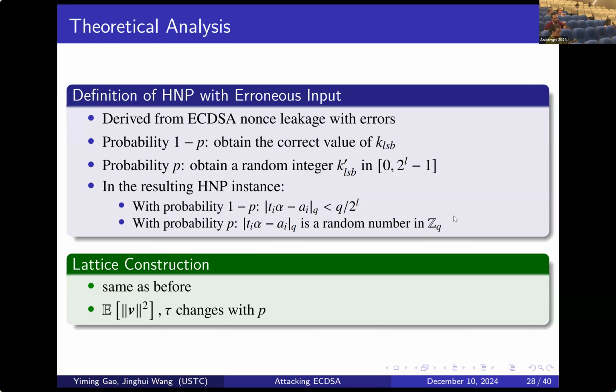Any other questions? So, Yiming, could you tell us if you tried this on any real equipment and gotten any actual experimental results?